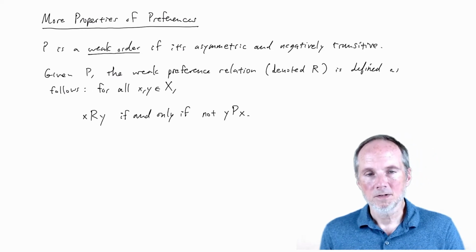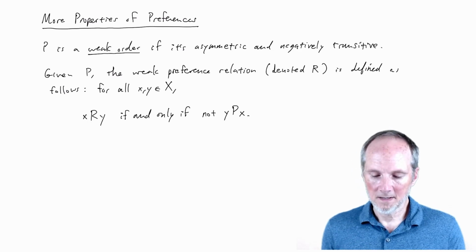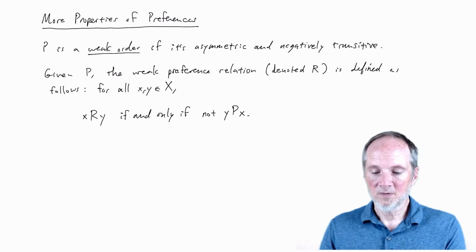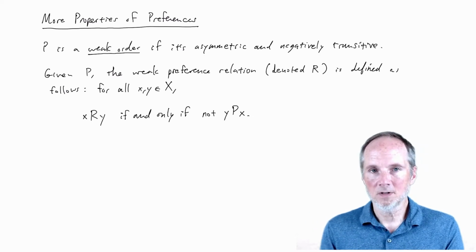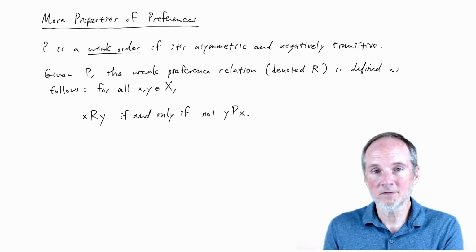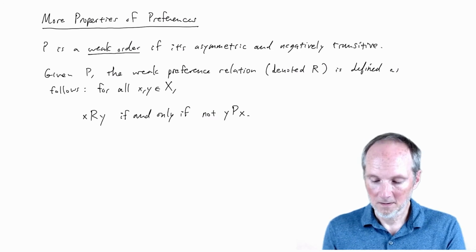Okay, so intuitively this means that if x is weakly preferred to y, that means that it's not below y in the ranking. So it's either at the same level as y or it's above.